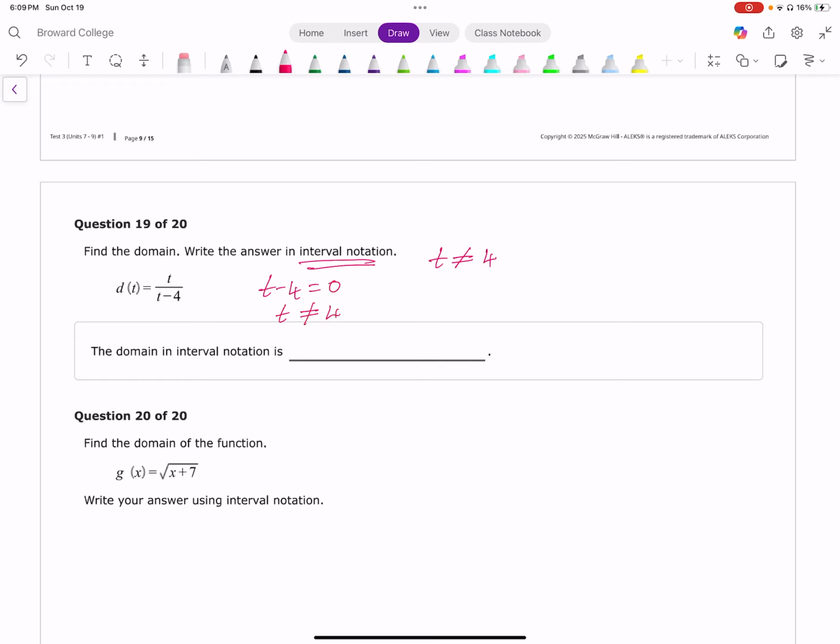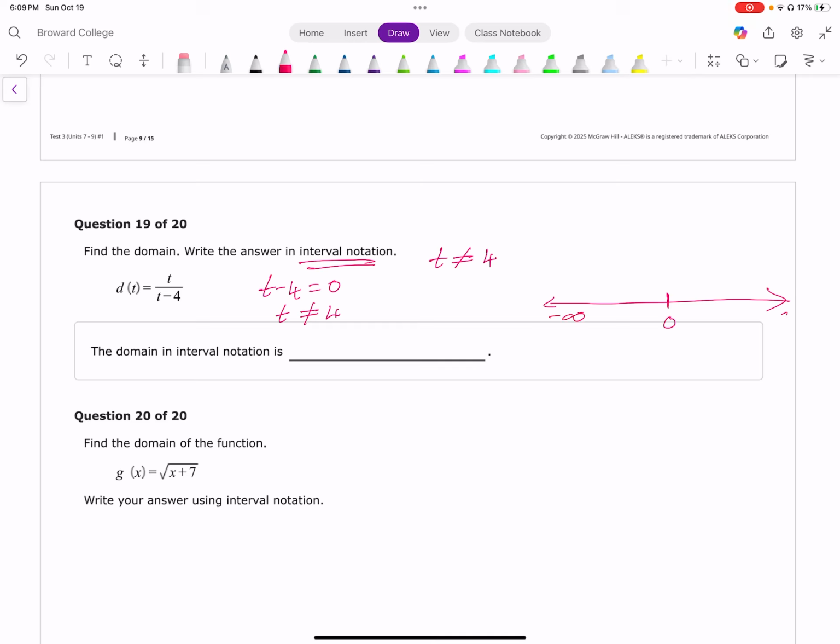How do you write it in interval notation? Well, one way is some people might just want to create a number line to visually see it. For your number line, you have 0. This side is your negative infinity.